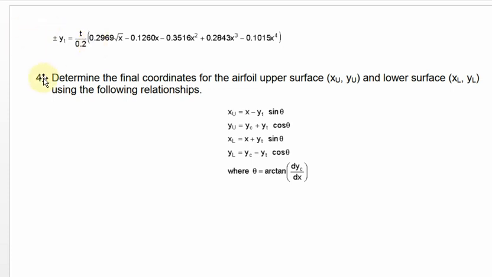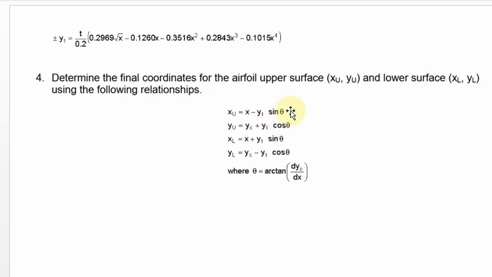And the last step is for your upper and lower aerofoil x values. Here you are using it for the y values, here you are using it for the x values. So for the upper and lower x values, you have to use the theta value. That is why, in the starting slide I showed you, you have to draw the tangent to the mean camber line.